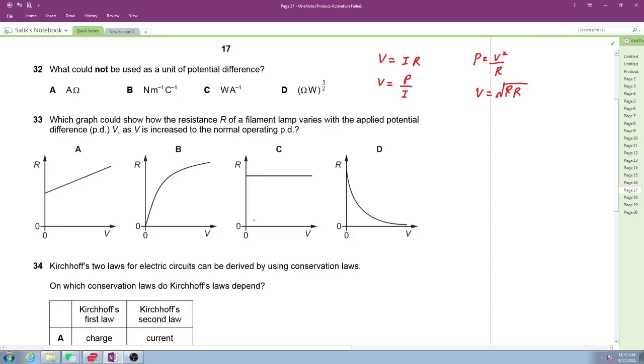If we write the units, the first one is ampere times resistance. The second one is power over current, and current equals Q by t, and then you can simplify that and see the unit of power. For C, we can write it as watt over ampere, so C is correct for this equation.